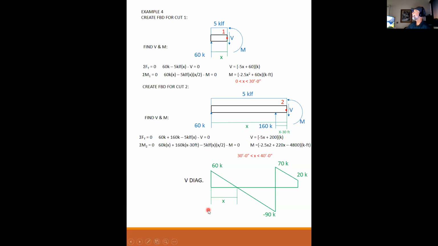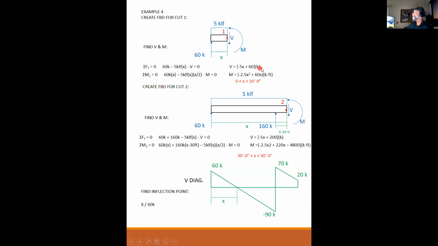And this time, we need to find where this inflection point is so that we can plot the moment diagram. It'd be very difficult to plot the moment diagram without knowing where this inflection point is. So to find the inflection point, again, I turn to similar triangles. You could solve this equation equal to 0, and it will give you exactly the same thing.